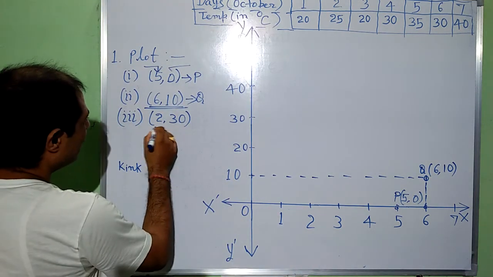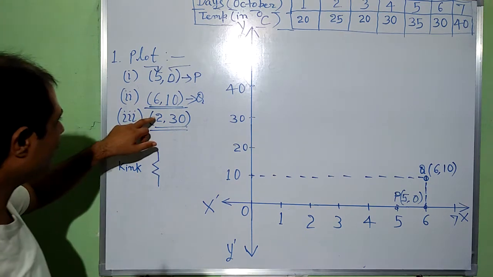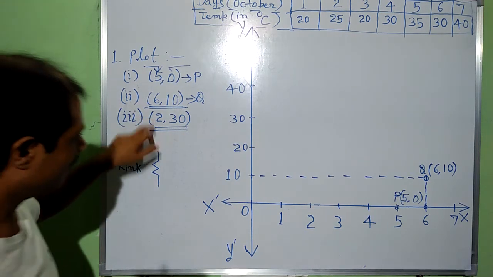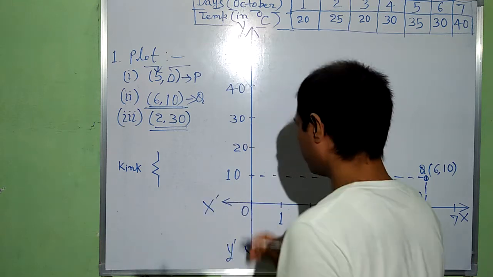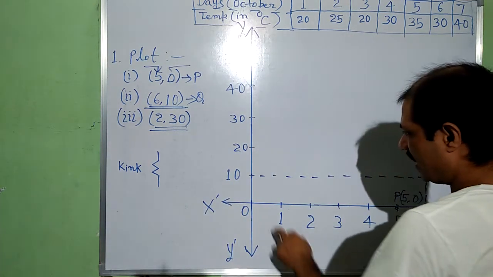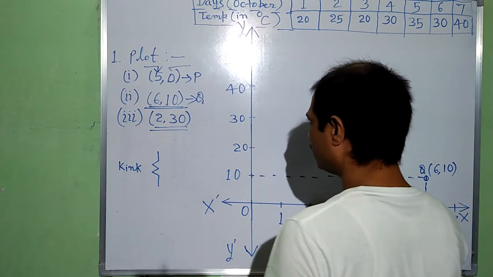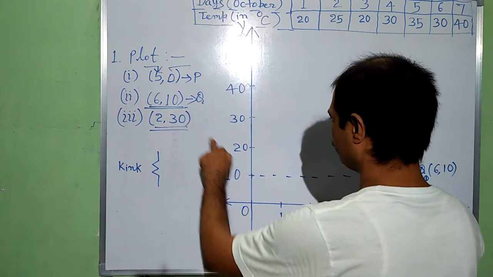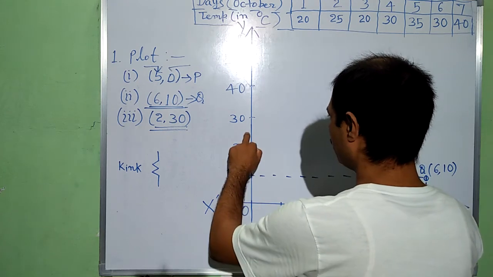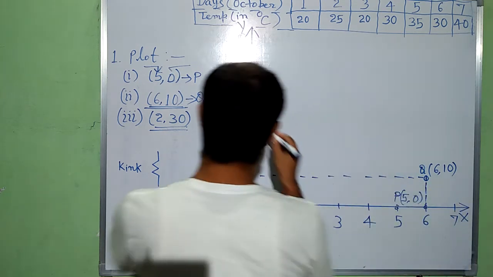And (2, 30). 2 is the first element of this ordered pair, so we have to go 2 units alongside the x-axis: 0, 1 and 2. Now we are here, and 30: 0, 10, 20 and 30.